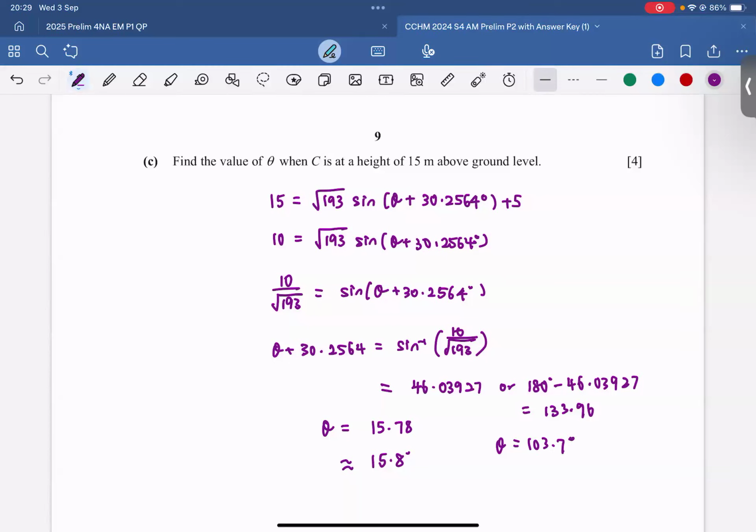You realize that we cannot have theta more than 90 degrees because we have already used it in the diagram. So this part is rejected. Okay, but if you never do this part, it's okay. It's not needed. So in our formula, on rare occasion we have two answers. So 80 to 90% of the time we have one answer only.